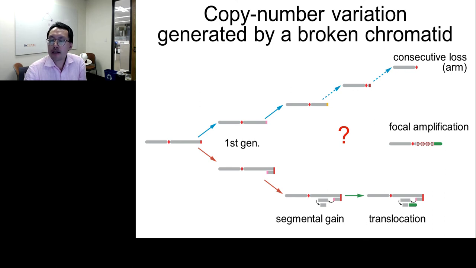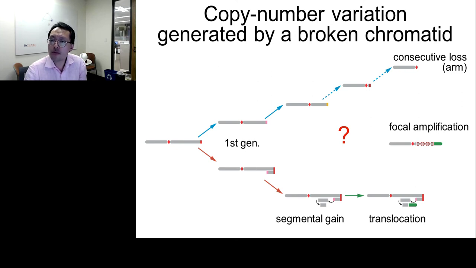On the other side, the gain can lead to further segmental gains, including additional translocations, which would stabilize the unstable chromosome and lead to translocations both within the same chromosome as well as involving other chromosomes. What is intriguing is that in one of the samples I showed previously, there are also focal amplifications that start to develop in at least a subclonal population of cells.